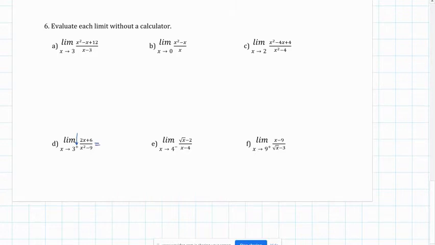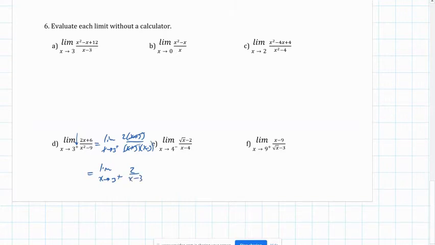And so here we have the limit as x approaches 3 from the right of 2 times x plus 3, and the denominator is x plus 3, x minus 3. And so these both cancel. And so now we just have 2 over x minus 3.